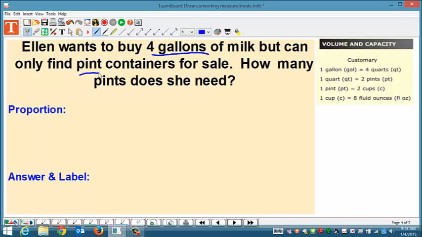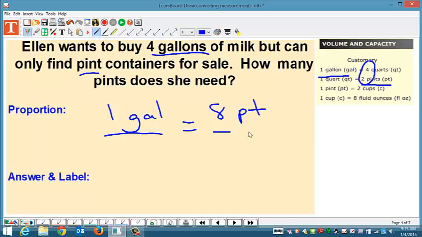Here are the gallons right here, but our pints are over here. So quarts is in the way, so we need to multiply the quarts and pints together. 4 times 2 is 8. So 1 gallon, the abbreviation is GAL, is equal to 8 pints, and the abbreviation is PT for pints.